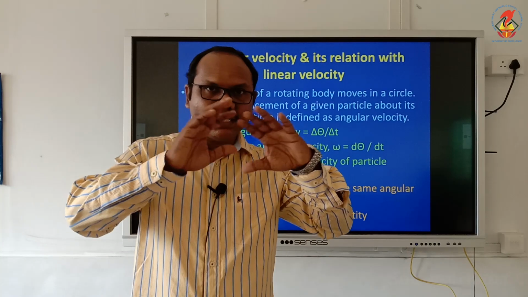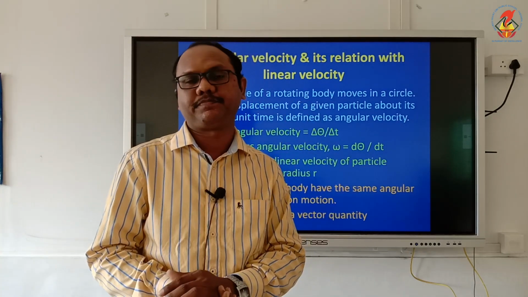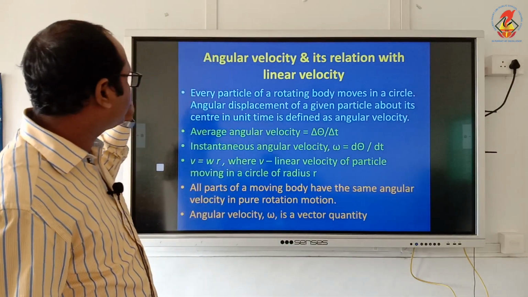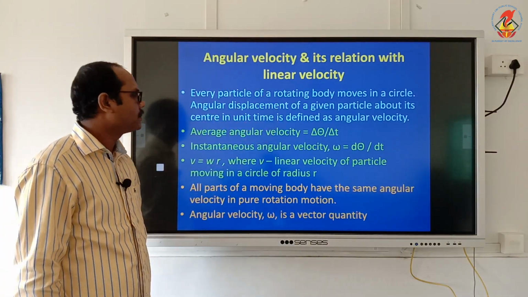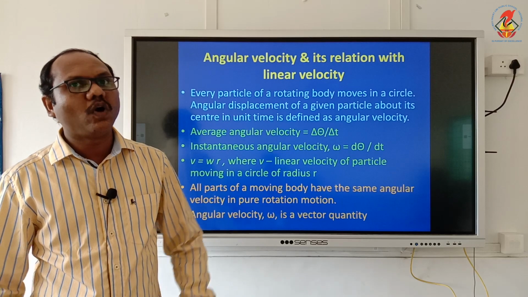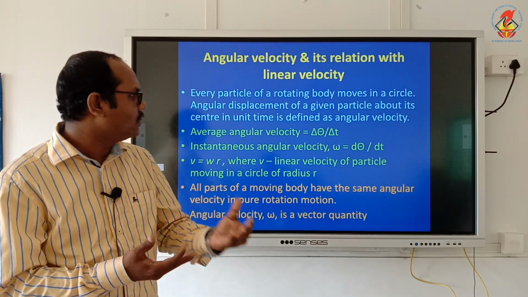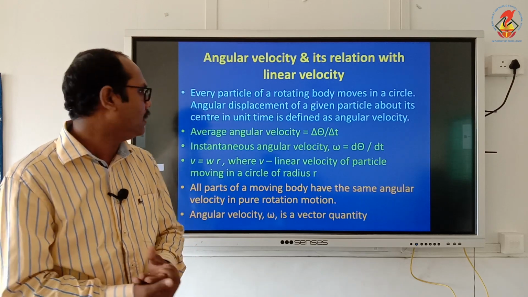So, in rotational motion, we use that word angular. Every particle of a rotating body moves in a circle. The angular displacement of a given particle about its center in unit time is defined as angular velocity. So, angular displacement divided by time is called angular velocity.